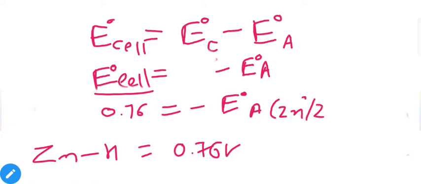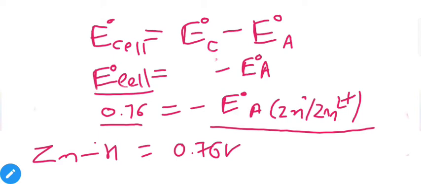So that means Zn2+. The negative value of this reduction potential is equal to 0.76, that means E_A or the reduction potential of zinc will be minus 0.76.